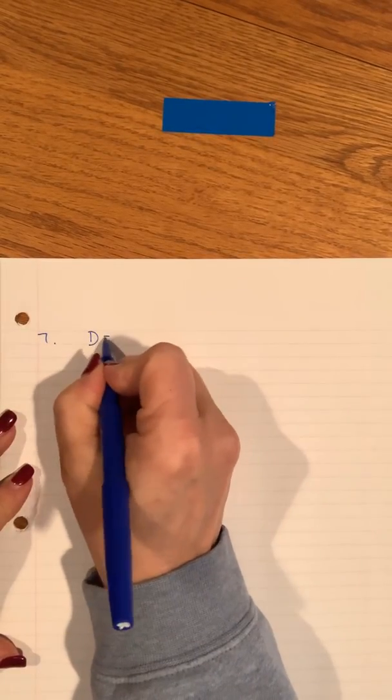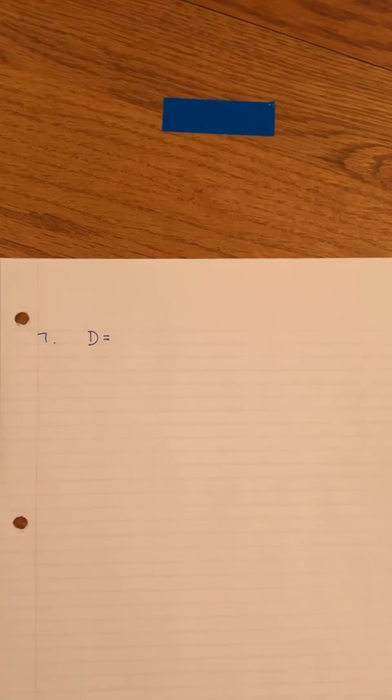But number 7 says Deception Island in Antarctica and Kilauea, I don't know, in Hawaii are two volcanoes that erupted in the 20th century. The height of Deception Island, so I'm going to say Deception Island is D. Height of Deception Island is 2,119 feet shorter than the height of Kilauea.